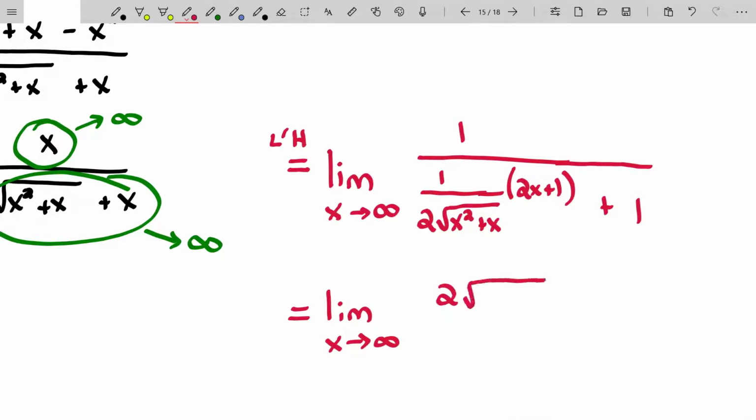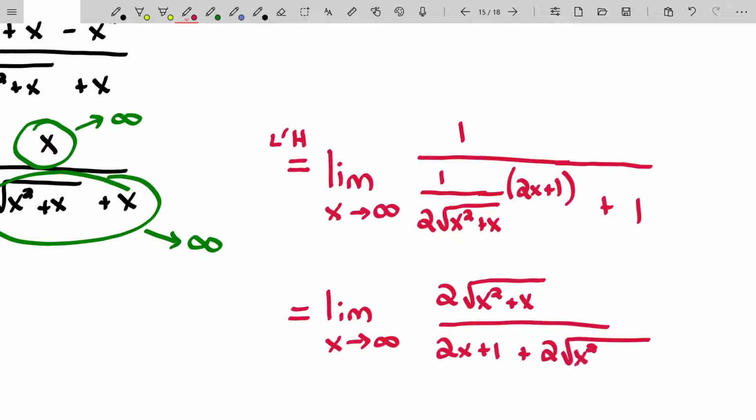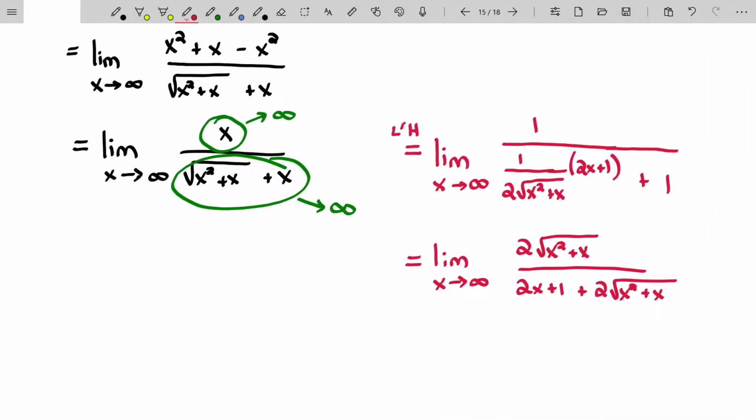All over. When we do that, we get 2x plus 1 plus 2 times the square root of x squared plus x. Now let me just double check that I have everything correct here before I continue forward. Yep, I have everything correct.